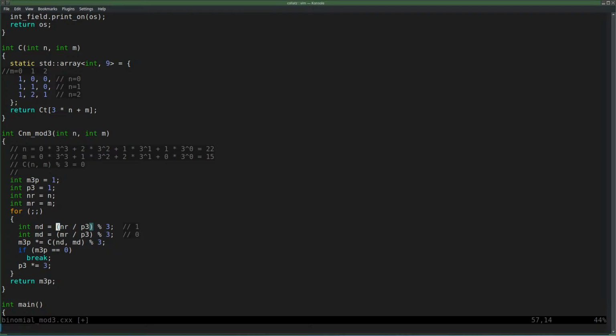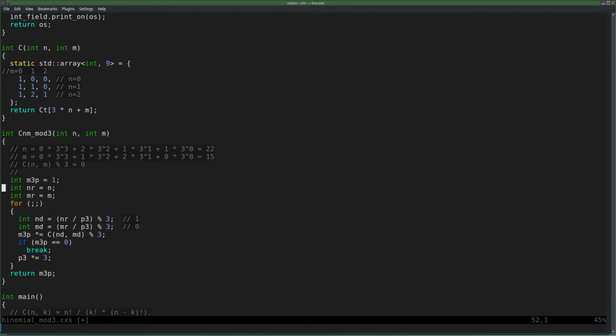So that's why I use NR and MR. Instead of dividing it by P3, I think I'll just use no P3 at all. And then don't divide it, and then divide it here.